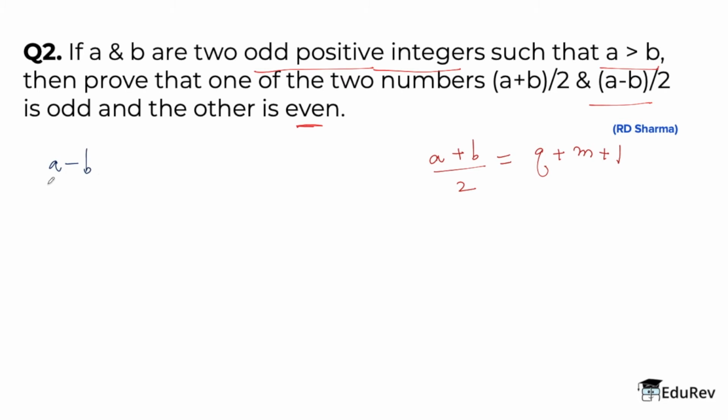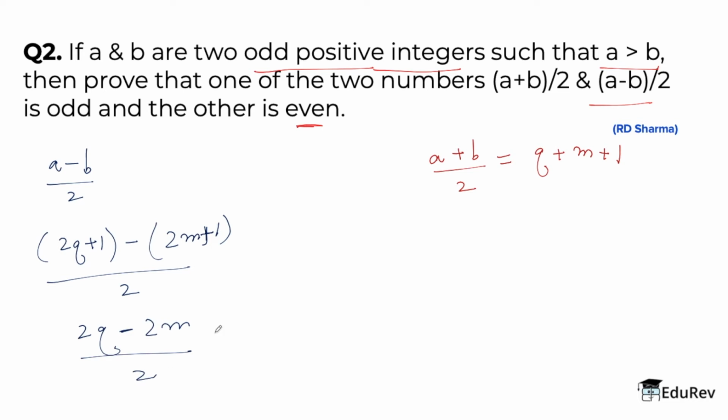For (A minus B) by 2, I can simply write that A was 2q plus 1 minus B, which was 2m plus 1, upon 2. When I solve this, it will be 2q minus 2m, the 1 and 1 got cancelled, divided by 2. So this is going to be q minus m. That means (A minus B) by 2 is q minus m. So now I know what my (A plus B) by 2 is and what my (A minus B) by 2 is.